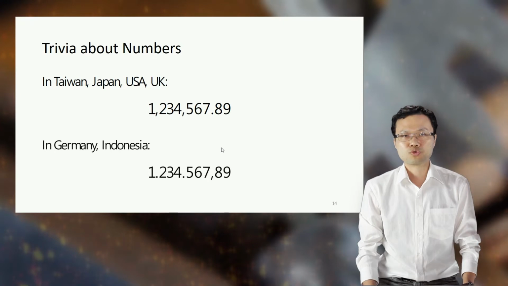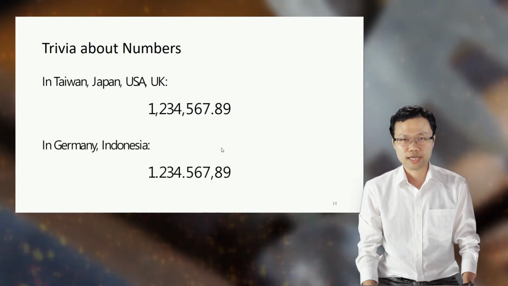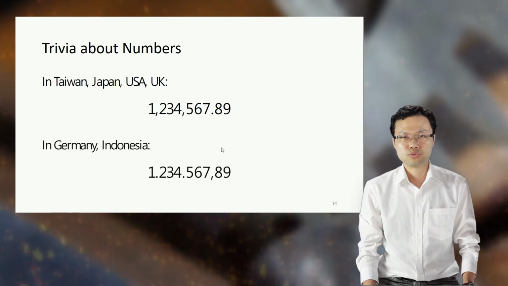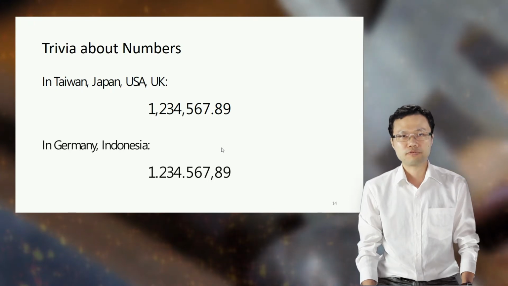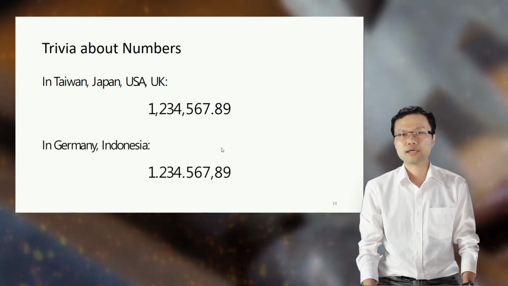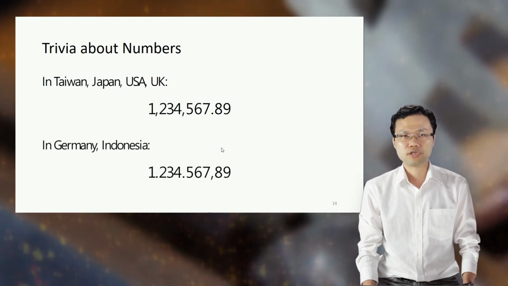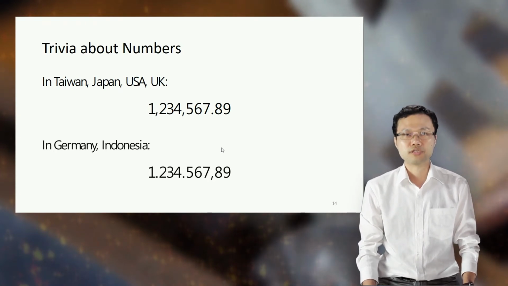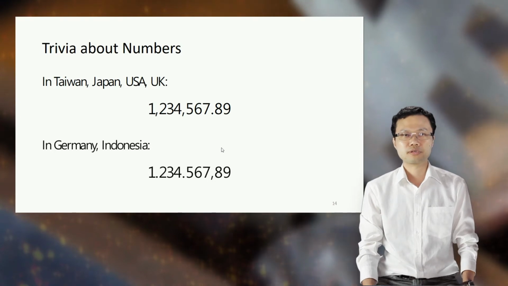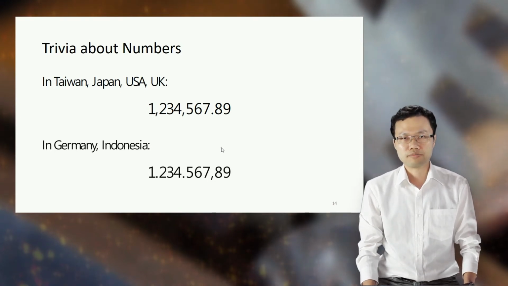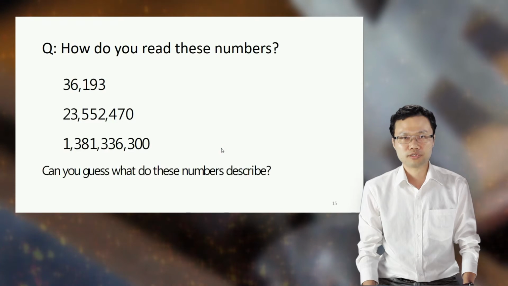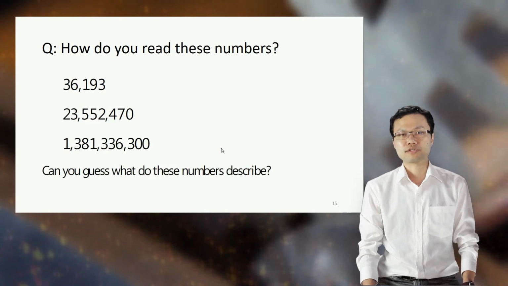But if you travel to some countries like Germany and Indonesia, you will see the same number being written as 1.234.567,89. They are just two different notation systems for the same number. So, next time you see such an expression, you will not be confused.